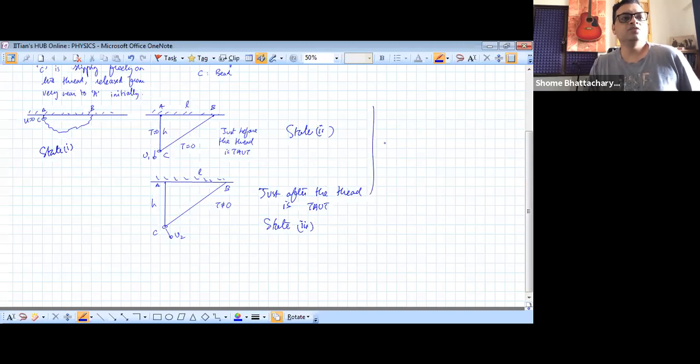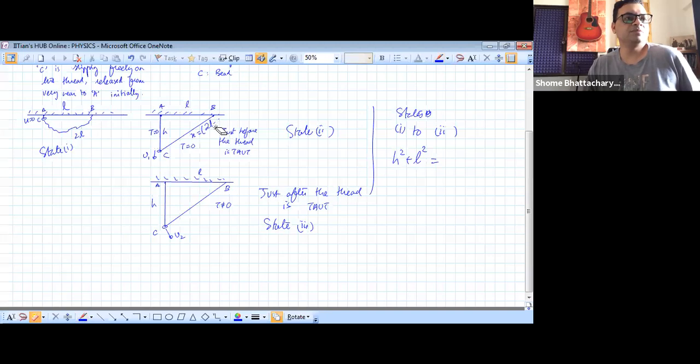So between states 1 to 2, what does that mean? You can just apply, one is that h square plus L square will become the hypotenuse. So the total length was 2L, remember. So this total length was 2L and this is L. So this length here, suppose that is x, that is nothing but 2L minus L minus h. So that's very easy, that calculation.